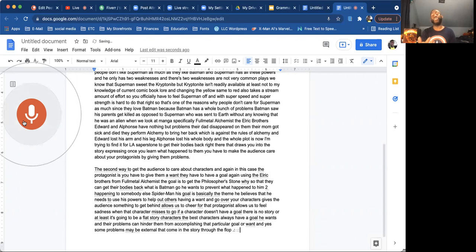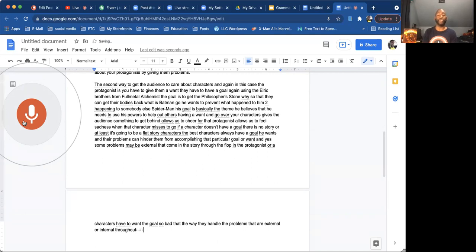And the protagonist or our characters have to want the goal so bad that the way they handle the problems that are external or internal throughout the story is what drives us to those characters.